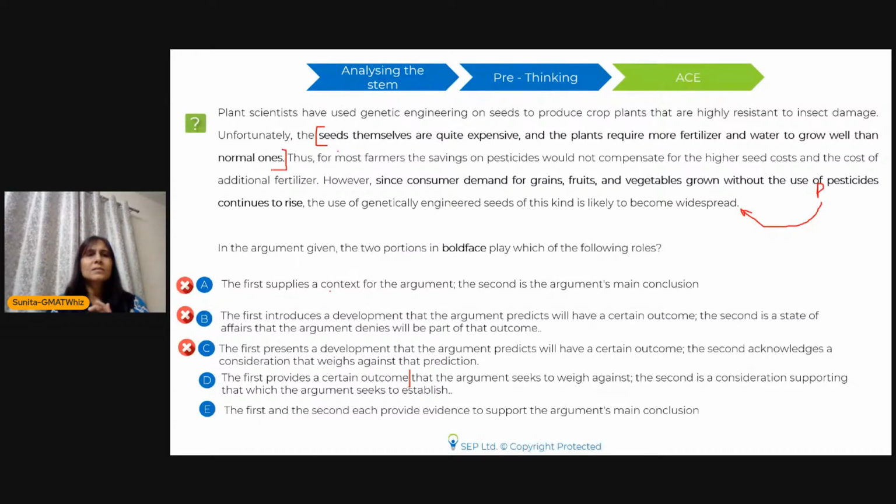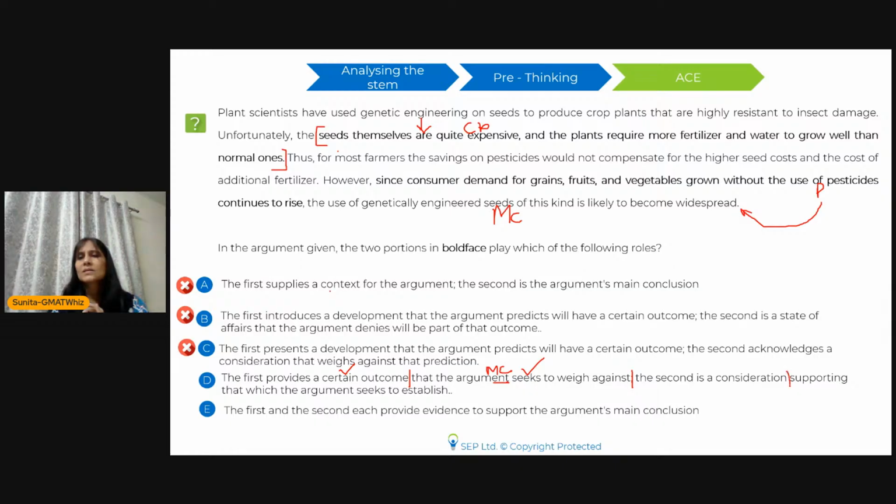Well, it is the result of using genetic engineering on seeds. So I can call it an outcome. That the argument seeks to weigh against. Argument, I already told you, refers to the author's main idea, or in this case, the main conclusion. Is the main conclusion going against the first boldface? Yes, this is a counter premise. This is the main conclusion. Therefore, the first boldface is something definitely that the argument is going against.